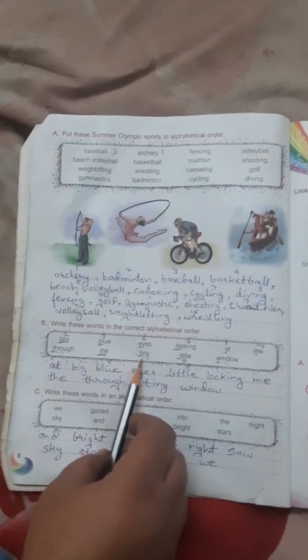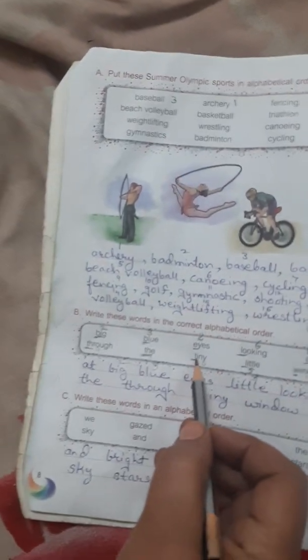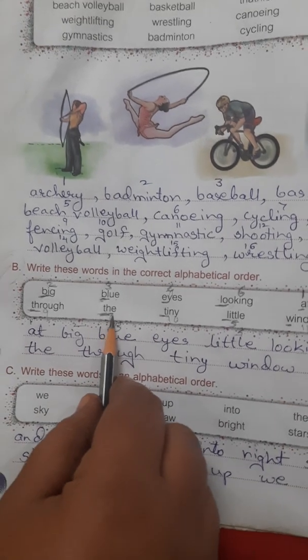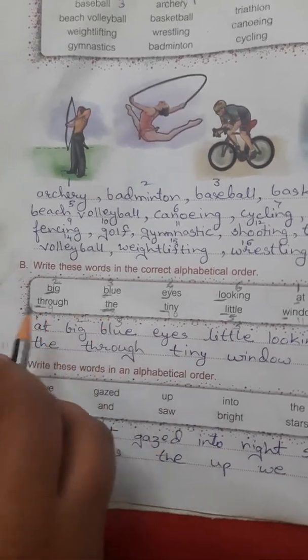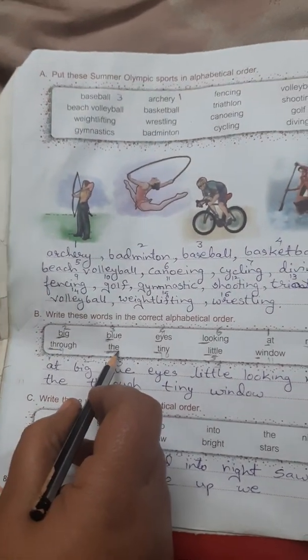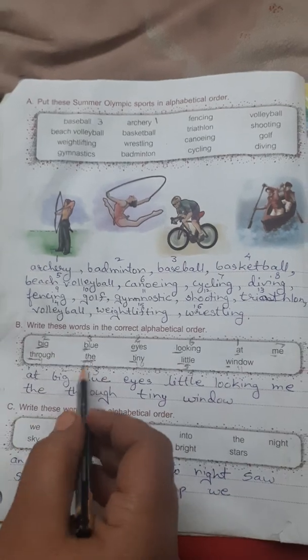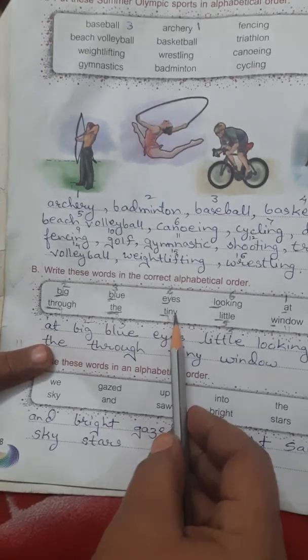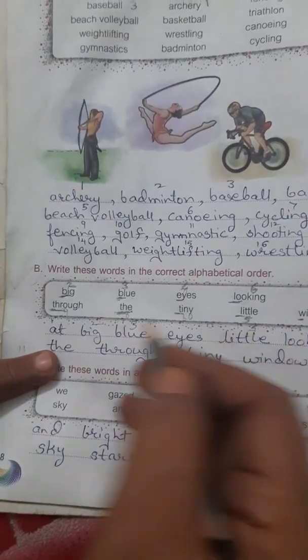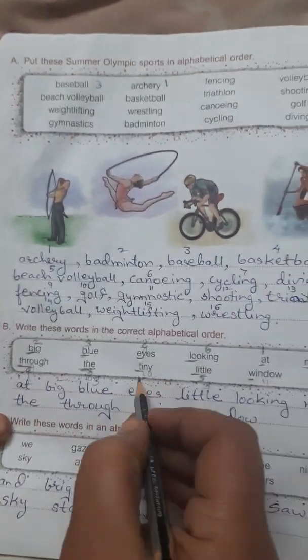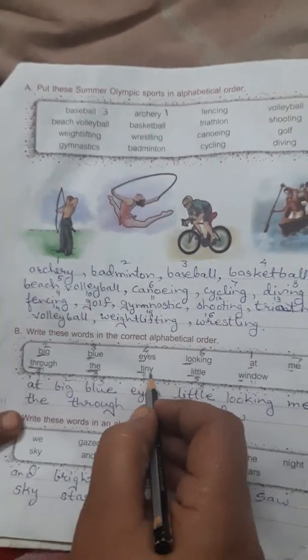Which alphabet is before should be written in the before place. So see this I and H. What will you write? TH. Again in TH you have to think of the third place: THR, THE. E is before R, so we write the before through, and after that the word is tiny. Here you give 8, 9, and this one will be number 10.